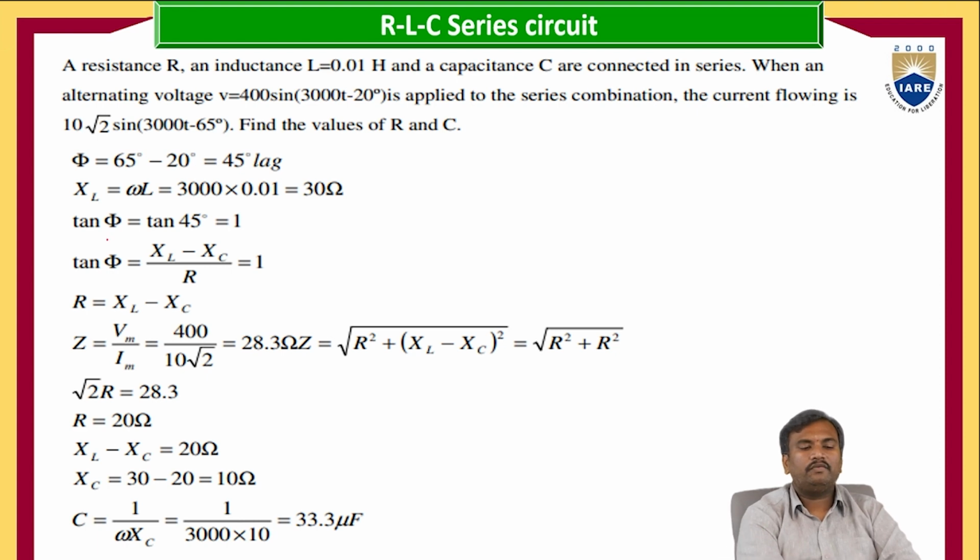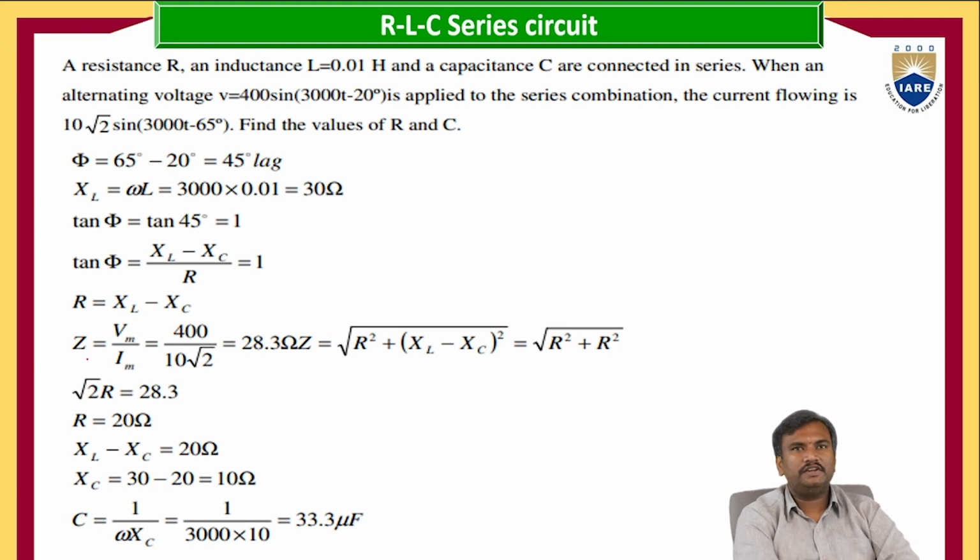And tan phi is equal to tan 45, which is equal to 1. What is the tan phi value? XL minus XC by R, that is equal to 1. From this we can write R is equal to XL minus XC.